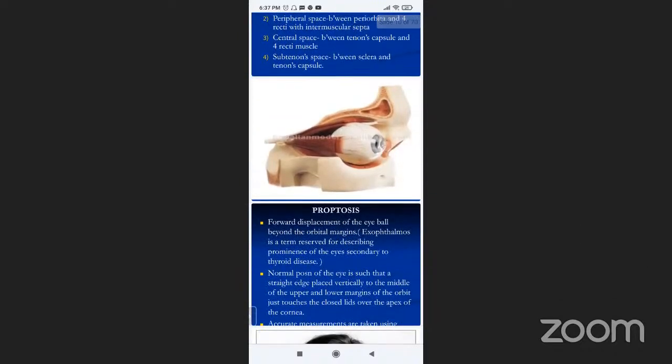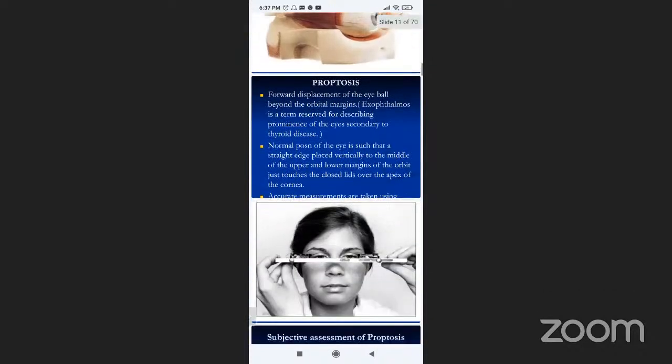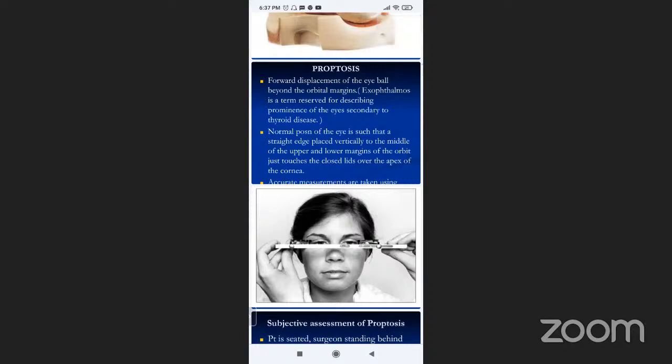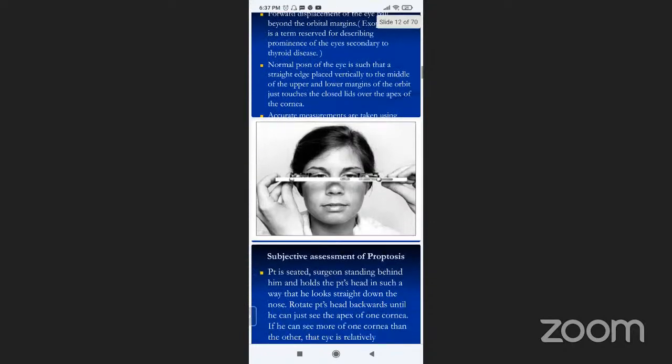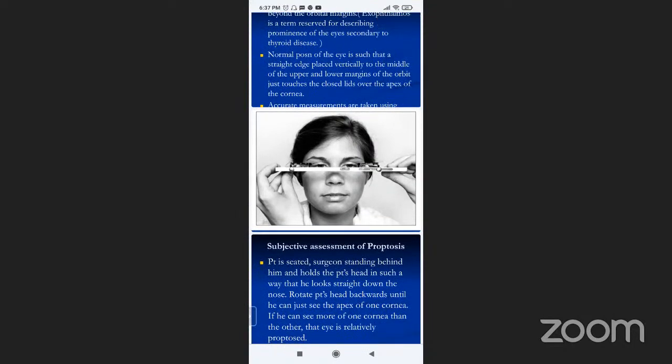Then coming to the clinical features of orbital disease, the most important of which is proptosis, that is forward displacement of the eyeball beyond the orbital margin. For that, you have to know the normal position of the eyeball. When you place a ruler touching the superior and inferior orbital margin, it should just touch the closed eyelids.